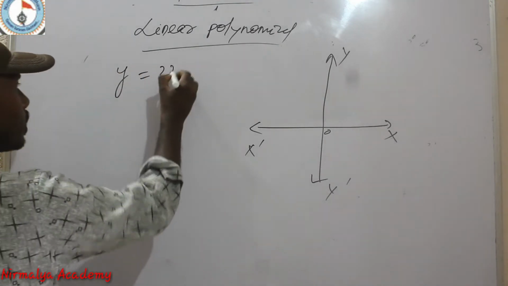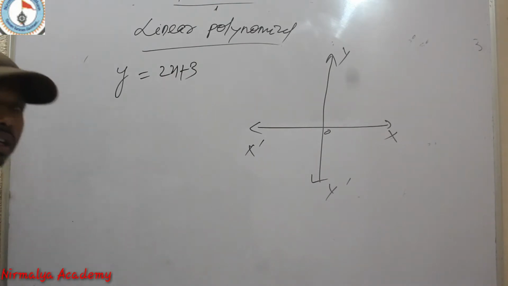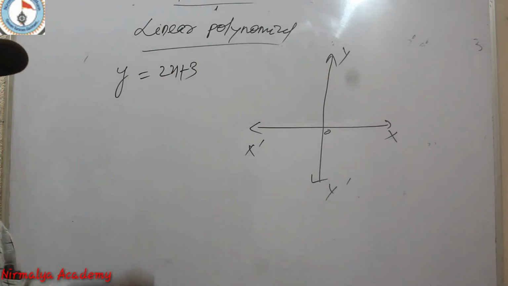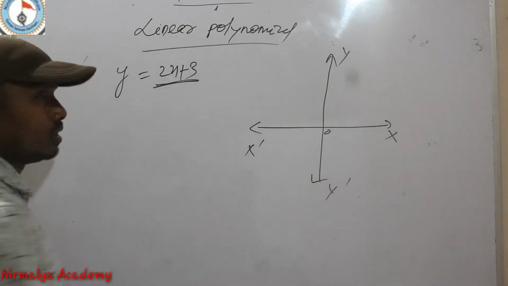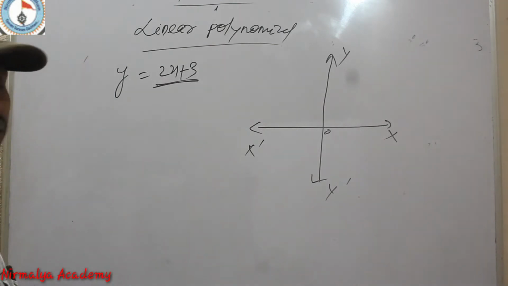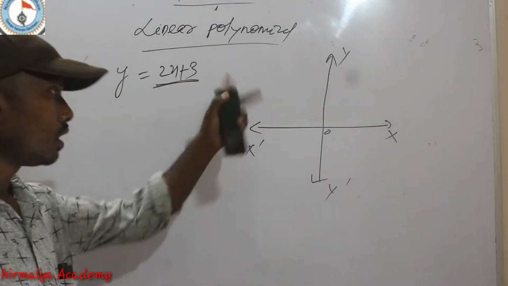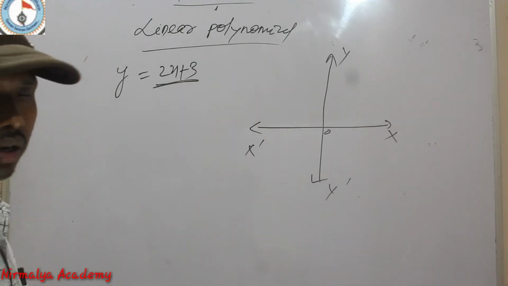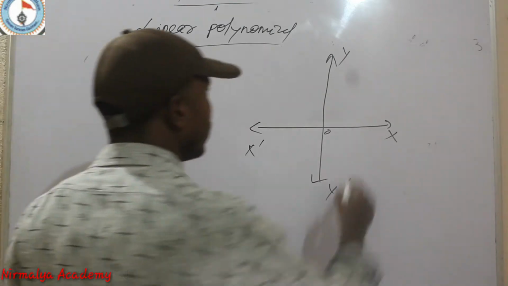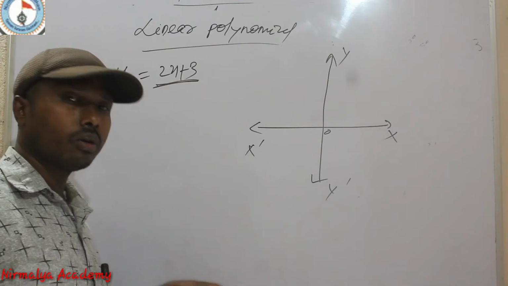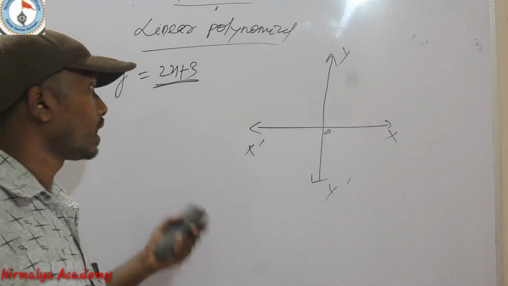y equal 2x plus 3. This is a linear polynomial. And if we represent it on a graph, then it will be a straight line. You have already known about it in class 9.